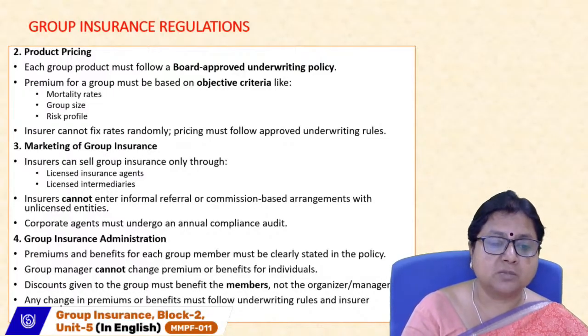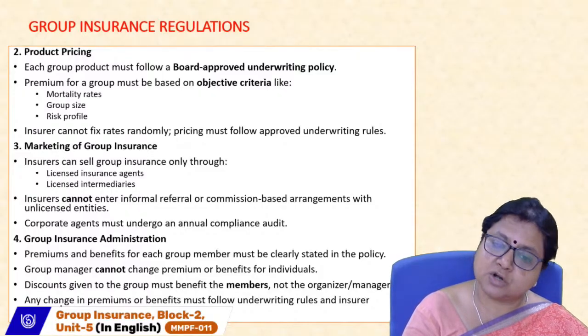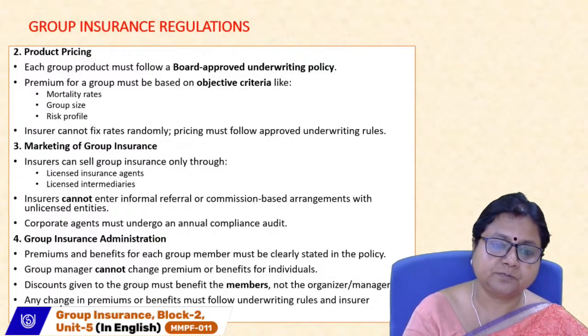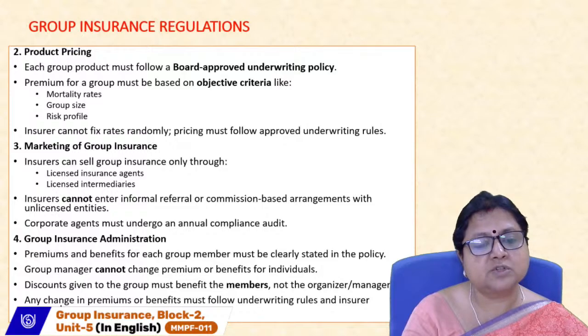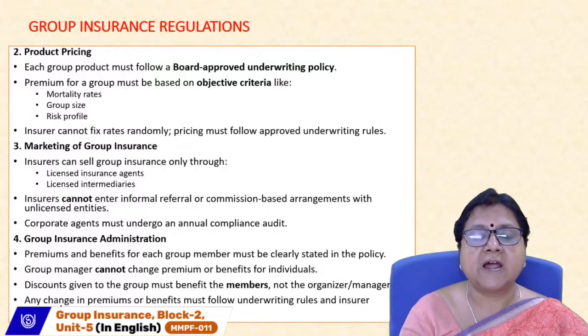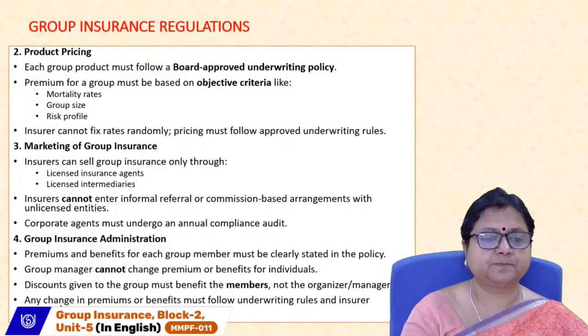If it is contributory, then members and organization will both pay. If it is non-contributory, then the organization will pay on behalf of all the members. Any change in premiums or benefits must follow the underwriting rules and the insurer's approval.